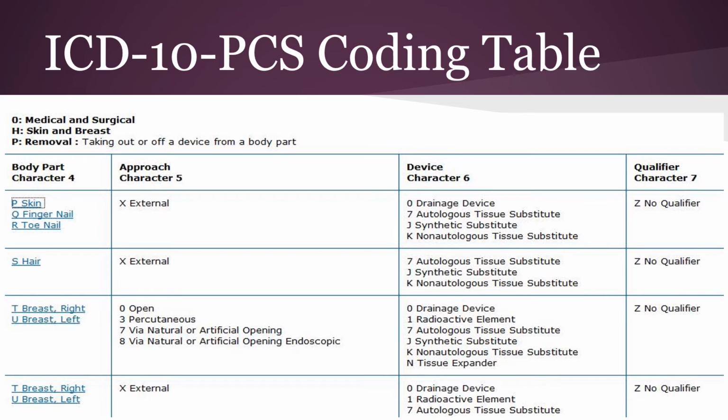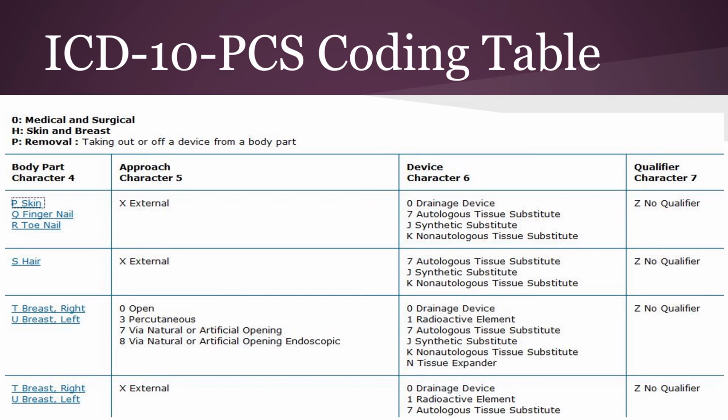Then we move into the table, where we have our other 4th through 7th placeholders. Our character 4 represents the body part, our character 5 represents the approach, our character 6 represents the device that was used, and then the character 7 represents the qualifier.